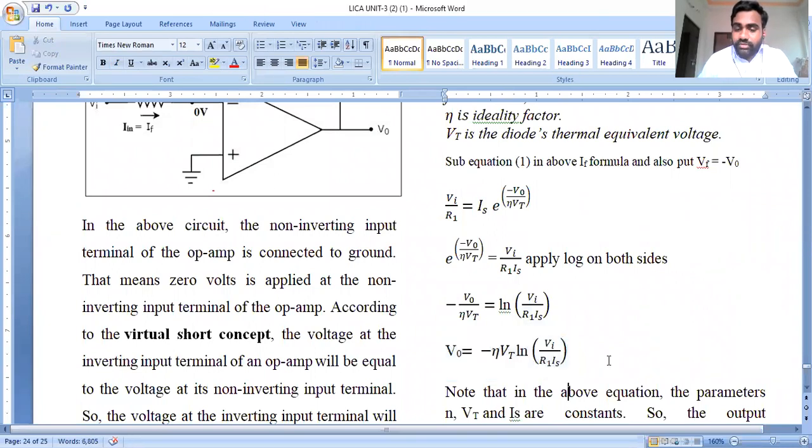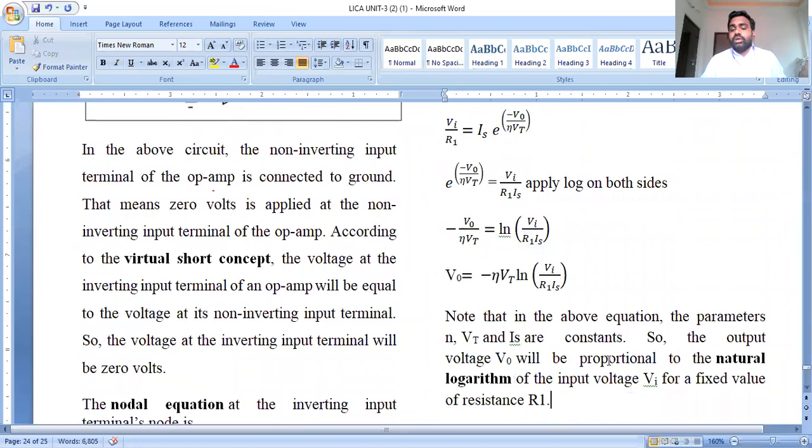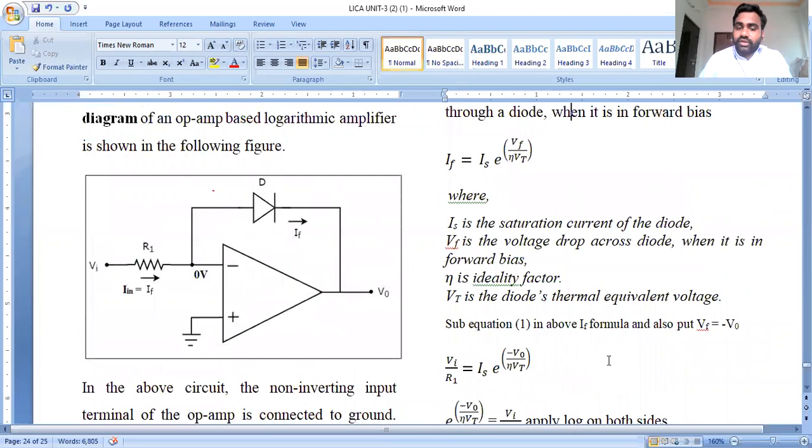That means the output voltage is proportional to the logarithm of the input voltage. That is the exact behavior of the output voltage in a logarithmic amplifier: V0 is proportional to the logarithm of the input voltage.